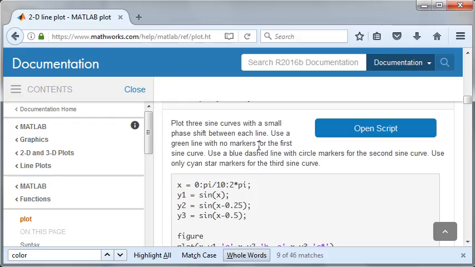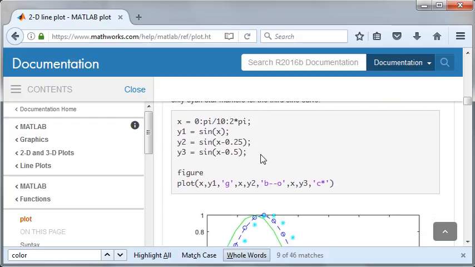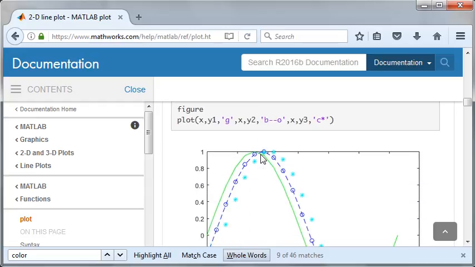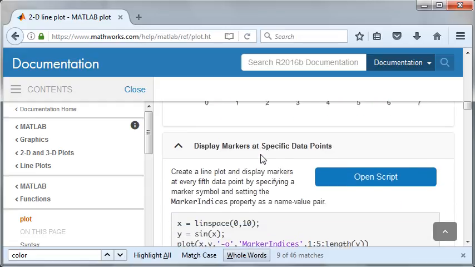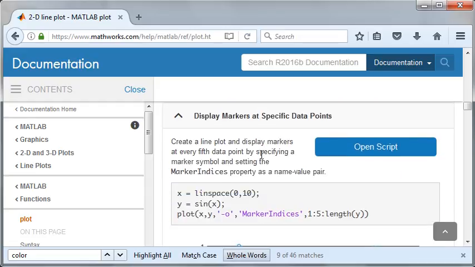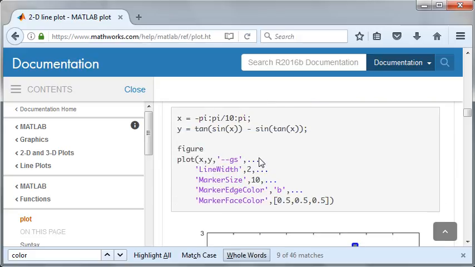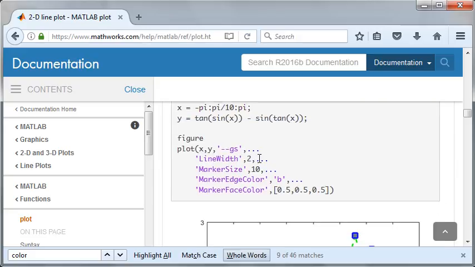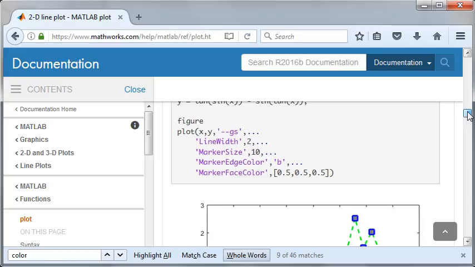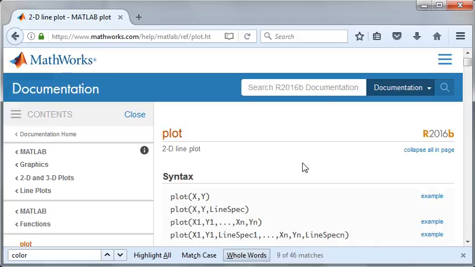So okay, it's B for blue. I want to search on the word color again, make sure.